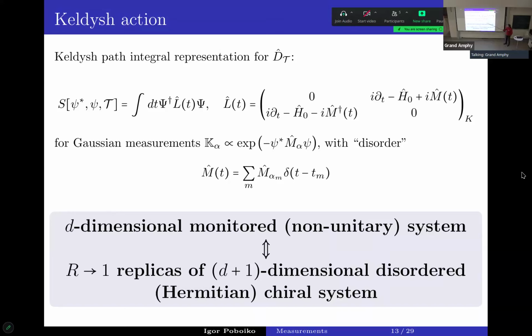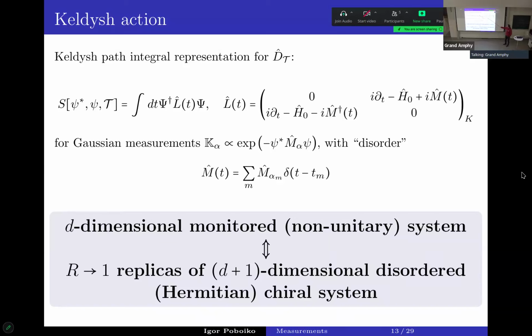So the take-home message from this field theory is the following. You see that the effective operator that enters this quadratic Hamiltonian, first of all, is 2 by 2. Secondly, it's manifestly chiral, so it anti-commutes with tau z, it has this purely off-diagonal structure, and it's random due to this M of t, which has random measurement outcomes and measurement times. Furthermore, and what is more important, this operator is not Hermitian.